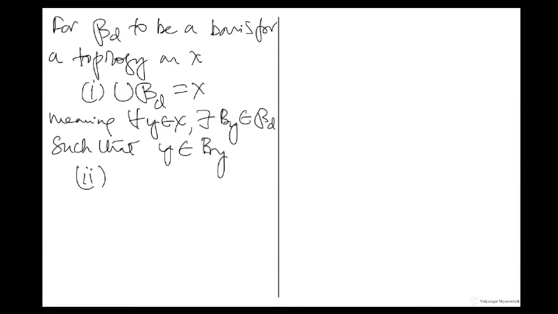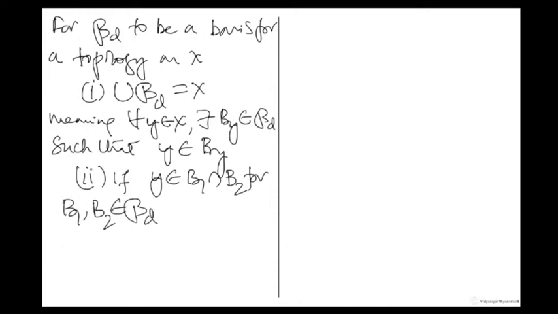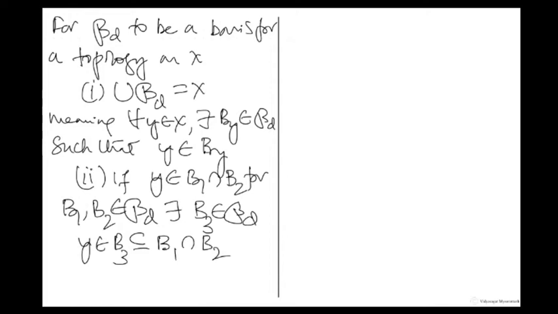And the second requirement: if y happens to be in B1 intersection B2 for B1 and B2 in B_d, there should exist a B3 in B_d, a third element, such that y belongs to B3, and B3 is completely contained in B1 intersection B2.